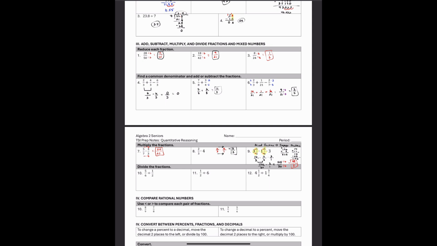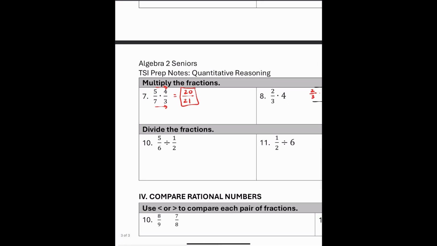Now we are going to divide the fractions, okay? There are steps to dividing fractions. So hopefully you remember something back in middle school, right? It's called keep, change, flip. Basically, if we look at number 10, we are going to keep the 5 over 6.